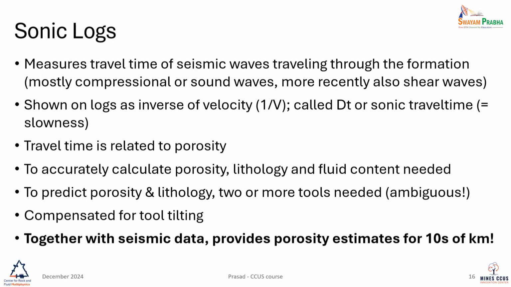On the logs, it's shown as 1 over velocity, because it has numbers that are easier to depict. That is called slowness. Now, travel time, as it turns out, relates to porosity, which is a good thing because we can calibrate it and use that information to develop porosity maps. To do that, we need lithology and fluid content, and we need a good model.